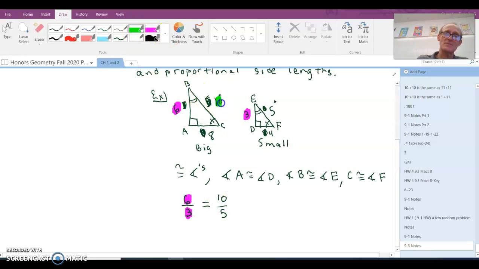You can see that. Notice I followed the same path, 10 to 5, 6 to 3.